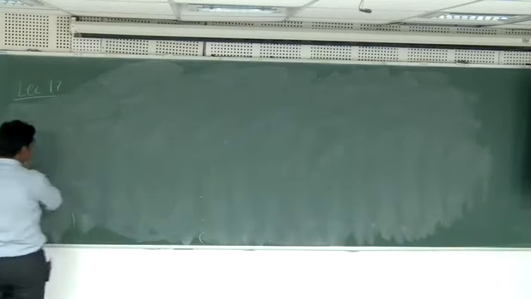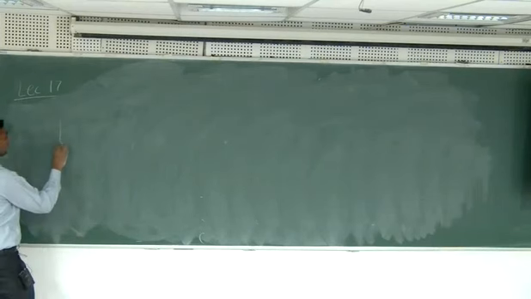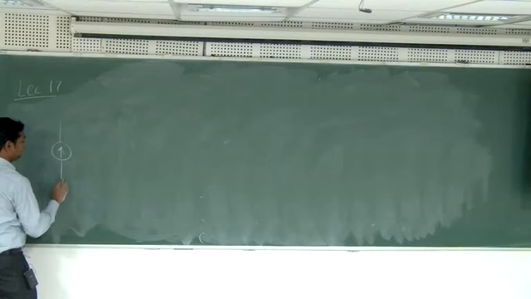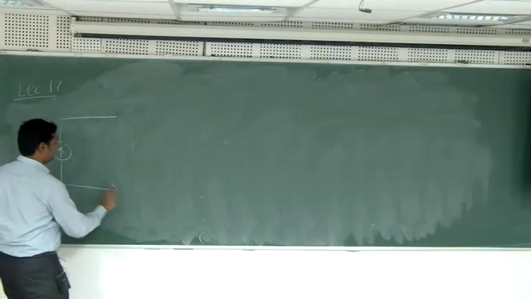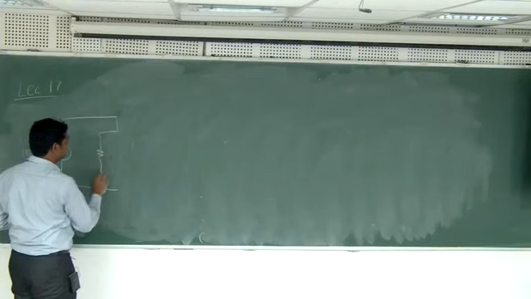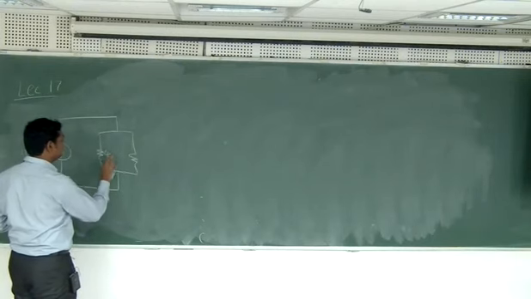Okay, now I'll ask you another question. This is a current source, not a voltage source, and the current is 100 amperes. And the network is like this.